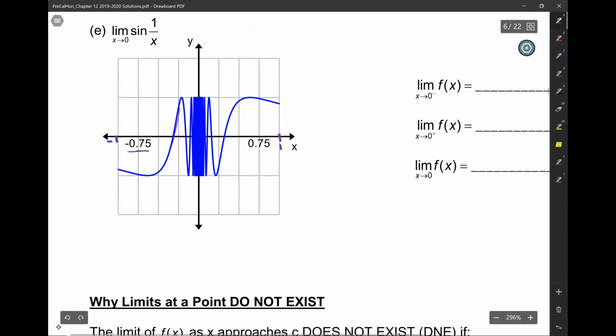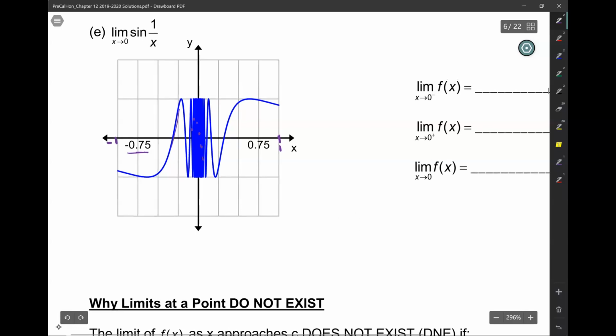Now, what does it mean that it's oscillating? It's going up and down and up and down and up and down. So at any given time, the y value could be here or here or here or here or here or here. Now, who can tell me where that vertical y value is as you approach x equals 0? Do you know? Immediately to the left of it where it is?